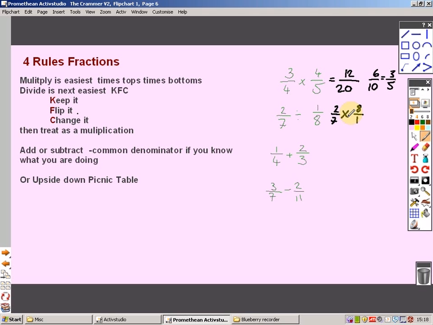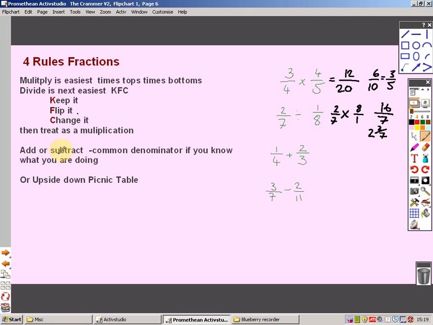And now I've got a times question that was the same as this one here in effect. So 2 times 8, 16, 7 times 1 is 7. I can't do any cancelling there, but I can say, how many 7s are there in 16? Well, 14 would be 2, and I have 2 left over, so it's 2 and 2/7 is my final answer.